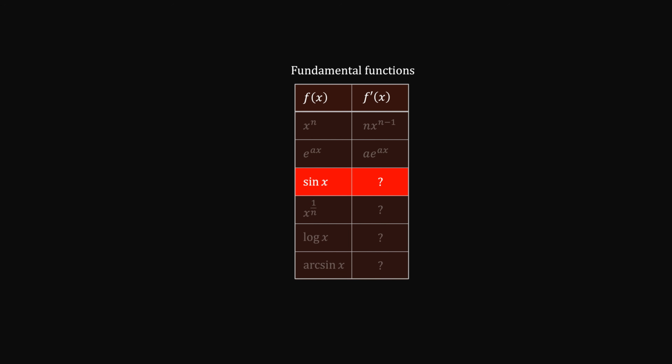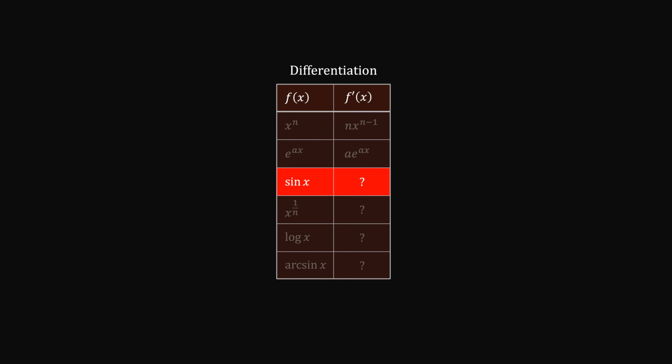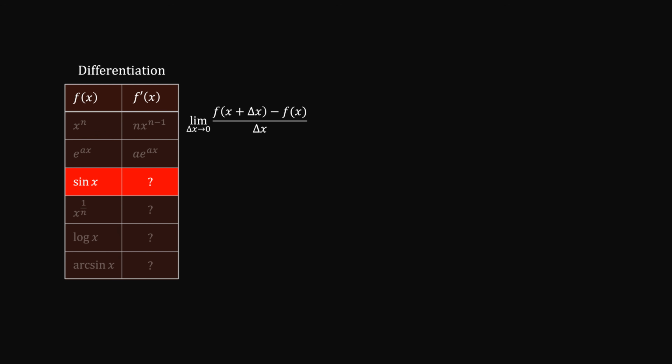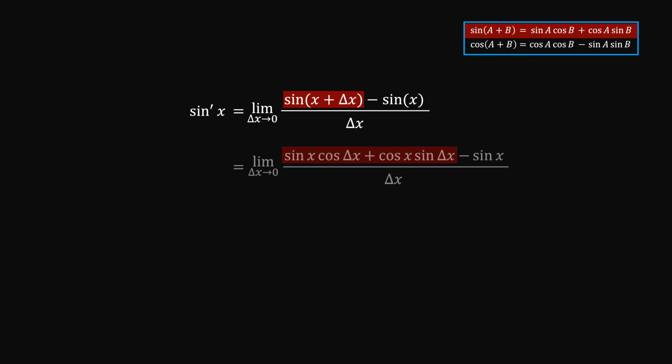Next, we will differentiate sine x. Now we will differentiate sine x. Using the definition, it's the sine difference divided over delta x. Now to break this down, we need a combined angle formula.